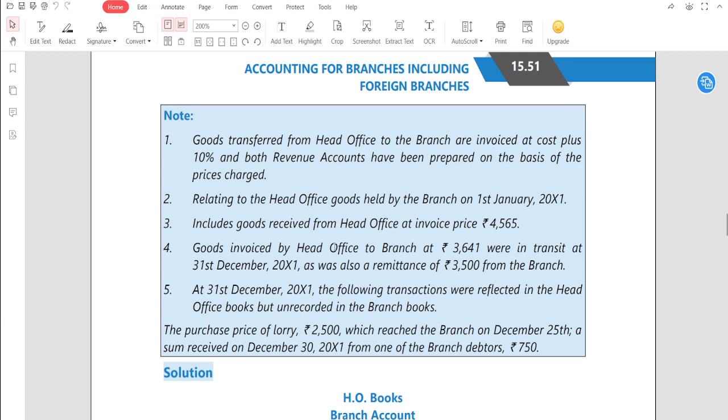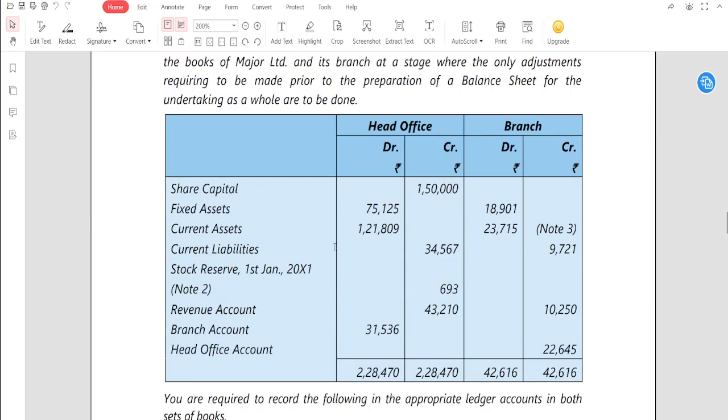That is a cost. So now let's see. First we need to understand which types of accounts we need to prepare. Look, the best thing, I am going to suggest you, whenever you get these types of sums, always refer first to the HO books. That's the very first request from me.